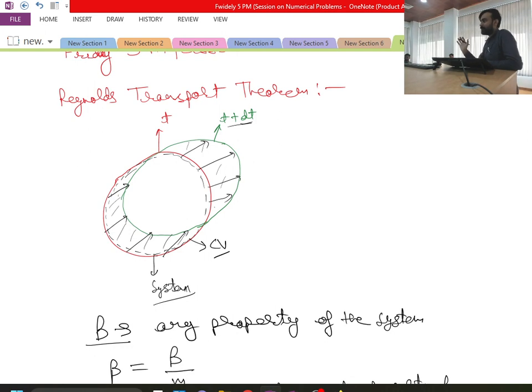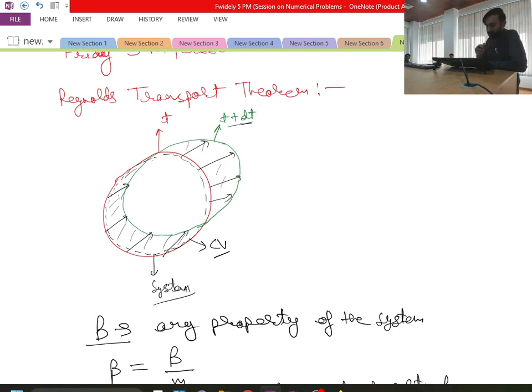What am I trying to say? This red colored thing is a system, and the green colored thing is the new position of the system. But this dashed black line, which completely follows the red colored line, is the boundary of a control volume which is fixed in space, because the control volume I am considering has not moved.